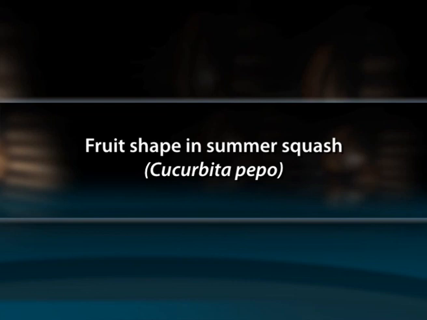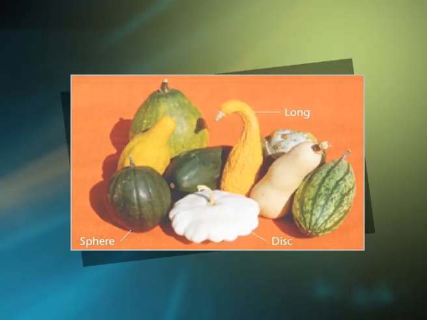Another example would be fruit shape in summer squash, Cucurbita pepo. Certain species of summer squash can exist in different shapes. They are long, spherical and disc shaped.